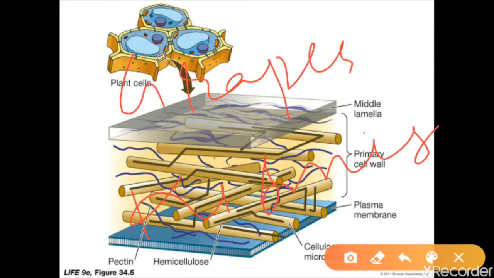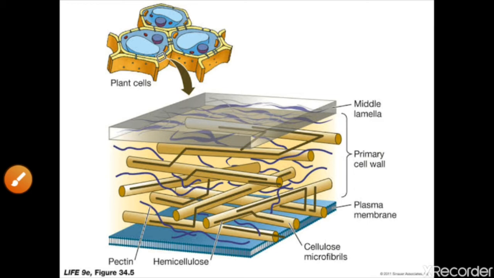Or if we take the example of a bacterial cell or plant cell, we will see that if there is a difference in the cell wall, the shape of that cell will be different. Second thing, they provide strength and rigidity.